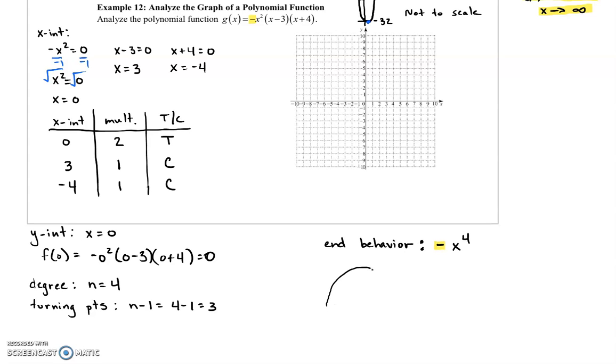That means it's upside down, right? So that means that f of x goes to -infinity as x goes to -infinity, and f of x goes to -infinity as x goes to +infinity.